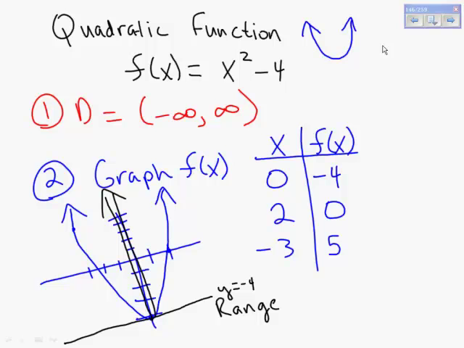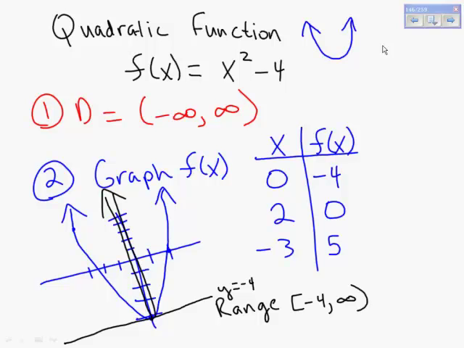So my graph continues forever in the positive direction. That's what those arrows indicate, that my graph is going up all the way to positive infinity. So if I look at where my graph covers the y-axis, it covers the y-axis everywhere from -4 up. And I go up all the way to positive infinity.